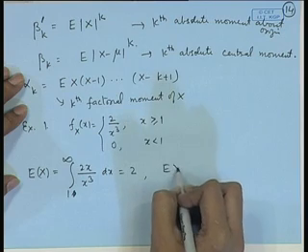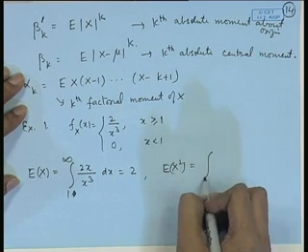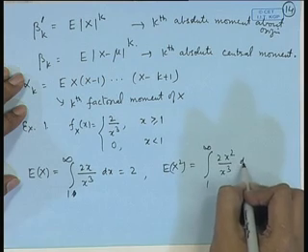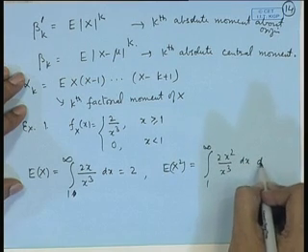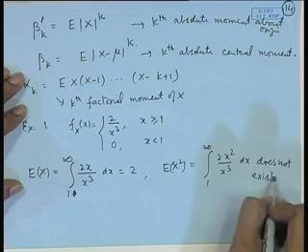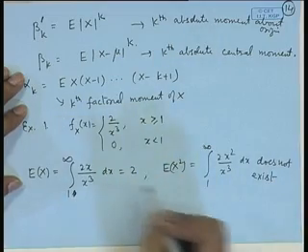If we consider the expectation of x square, then that is equal to the integral from 1 to infinity of 2x square by x cube dx. Clearly this is divergent. So a lower order moment may exist, but a higher order moment may not exist.